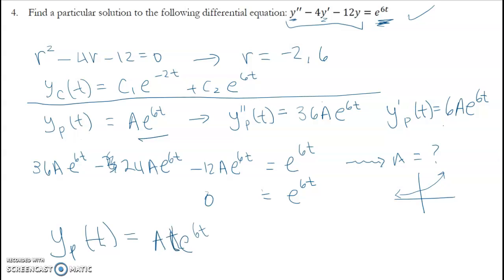So this would actually be our particular solution. And just like when you are first learning to solve algebraic equations, this needs a lot of practice, because it does follow particular rules.